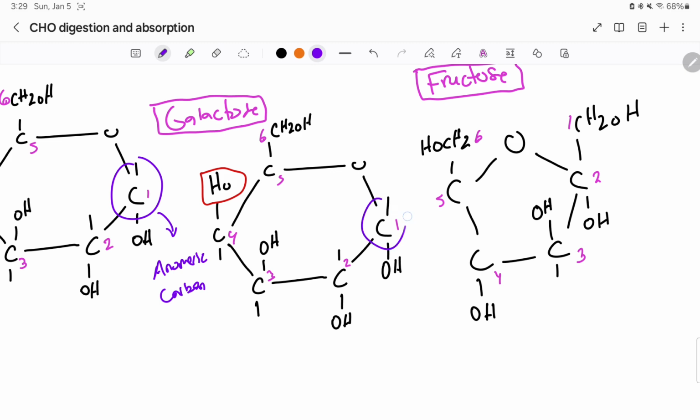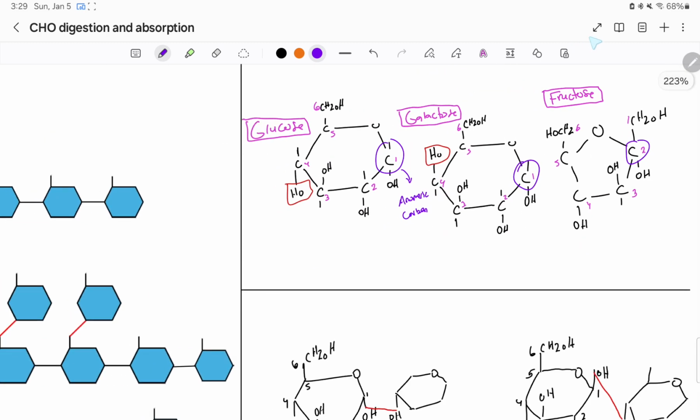Again, for galactose, the anomeric carbon is here because it's doubly bonded to this oxygen and this oxygen. But something interesting on fructose: the anomeric carbon is not on the first carbon, it's actually on the second carbon. I'm not going to go into it, but this is called a hemiketal, and this one is called a hemiacetal. This is not a chemistry course, so I won't go into it.